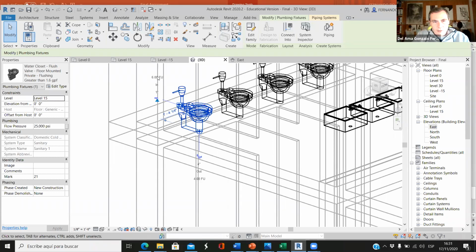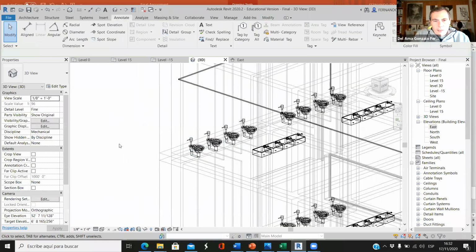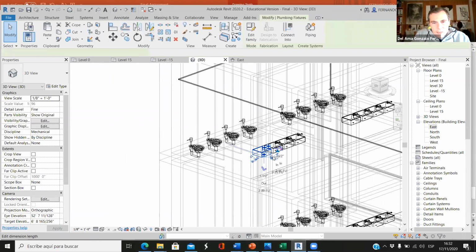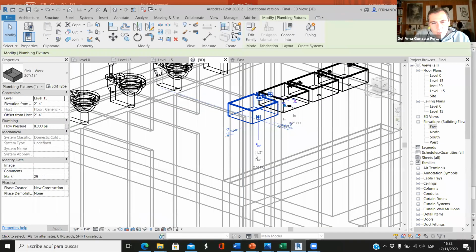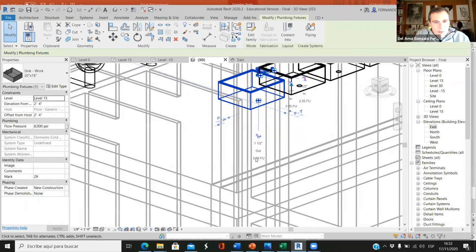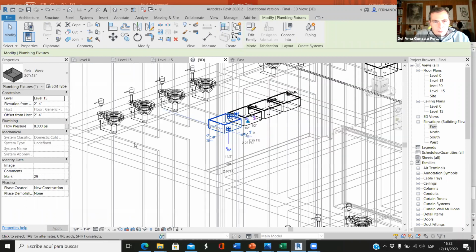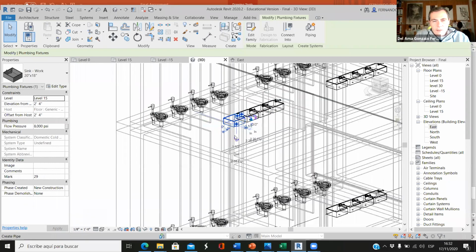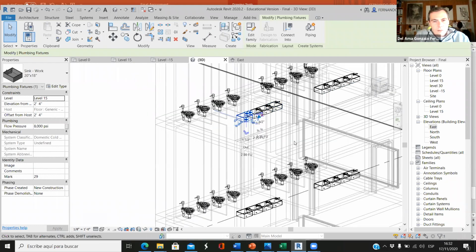So that's different: 6 for the water supply, 4 for the sanitary. And for the sinks, this is 2 fixture units. So each sink is 2. So 4 for the toilets, 2 for the sinks, times 16 toilets and 16 sinks. So you have the total drainage fixture units.